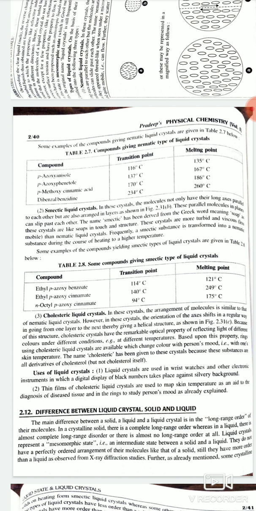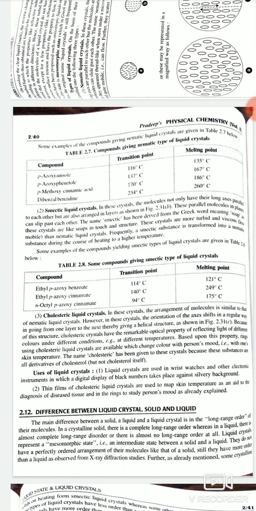Para-azoxyphenol: transition point is 137 degrees Celsius and melting point is 167 degrees Celsius. Third is para-methoxycinnamic acid: transition point is 170 degrees Celsius and melting point is 186 degrees Celsius. Then dibenzyl benzidine: transition point is 234 degrees Celsius and melting point is 260 degrees Celsius.